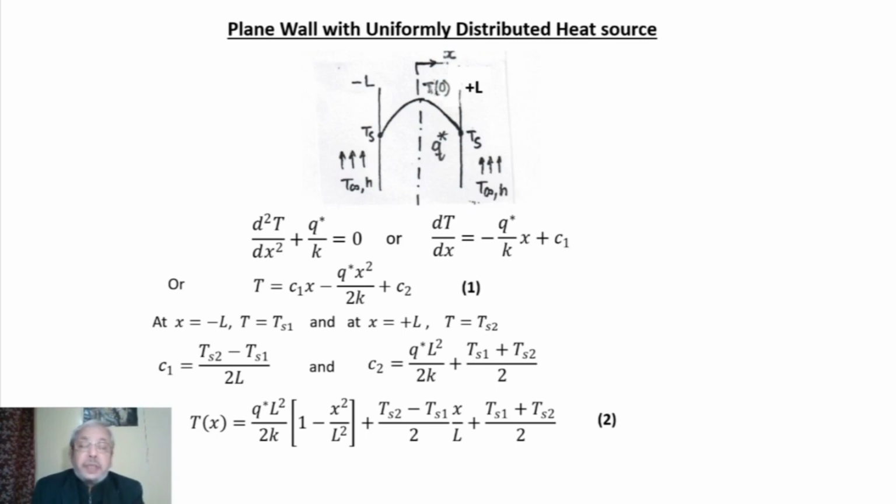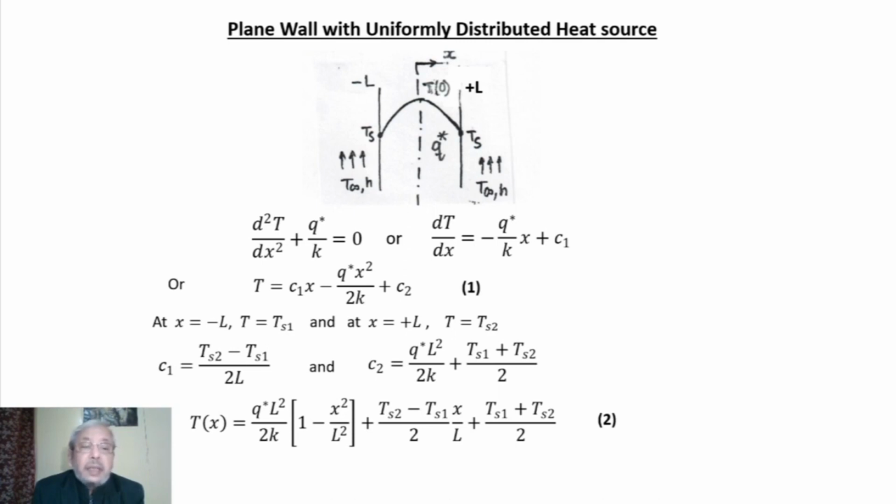So if we substitute in equation 1 the x equal to minus L condition and the x equal to plus L condition, from there we'll be able to evaluate C1.